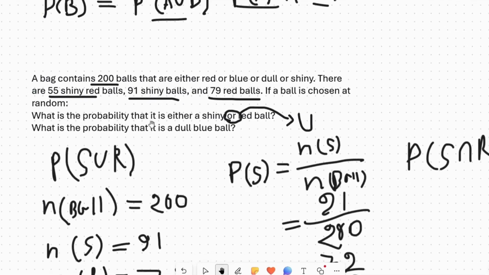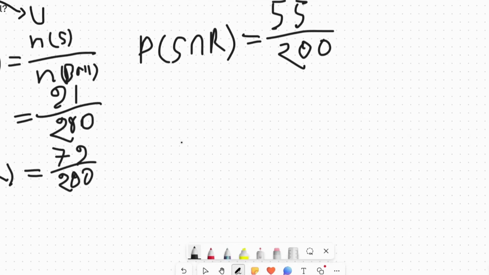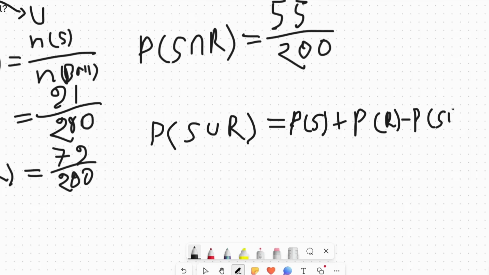What is the probability that it is either a shiny or a red ball? Our required formula is S union R. We have to find probability of S union R. You know the formula: probability of S plus probability of R, then minus probability of S intersection R.